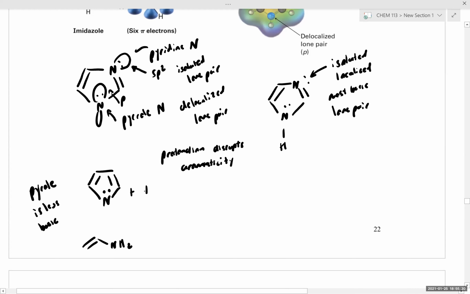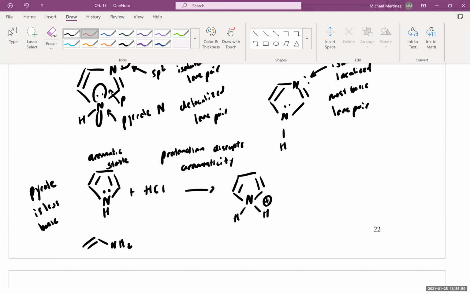So if we treat pyrrole with hydrochloric acid, we start off with an aromatic ring and it's quite stable, right? If we treat it with hydrochloric acid and we generate the hydrochloride salt, is this system still aromatic? No.